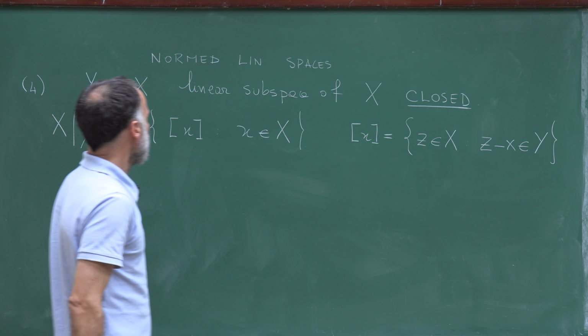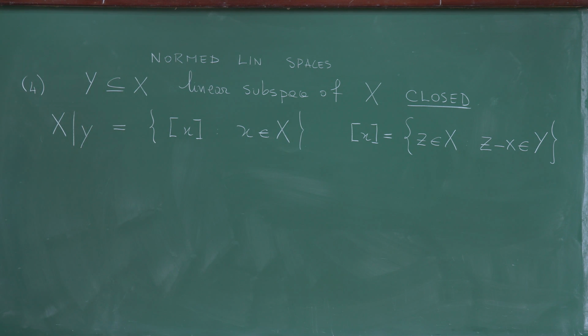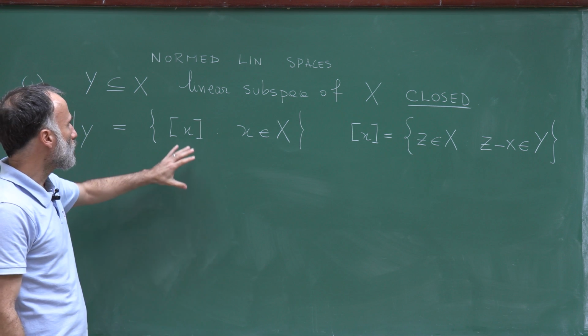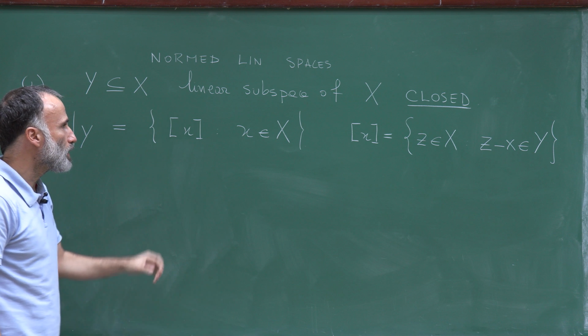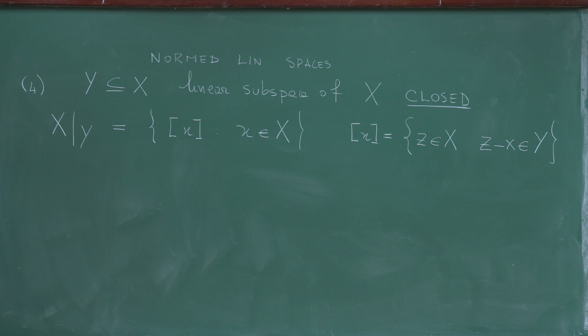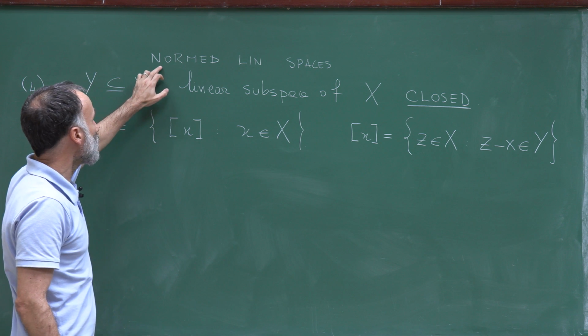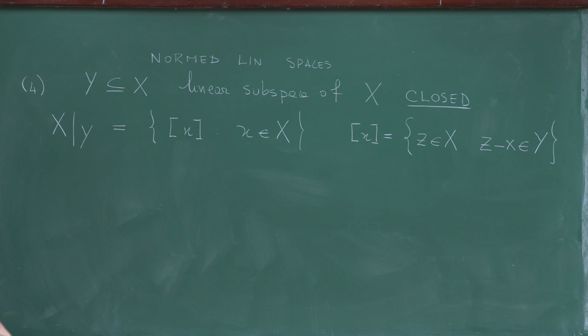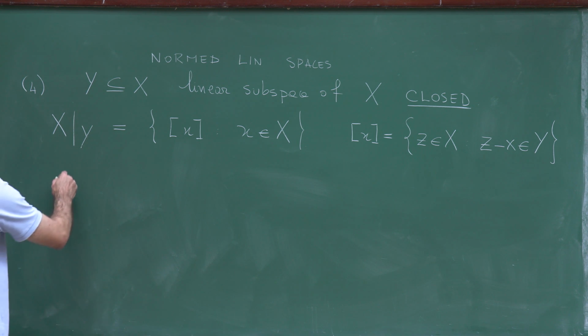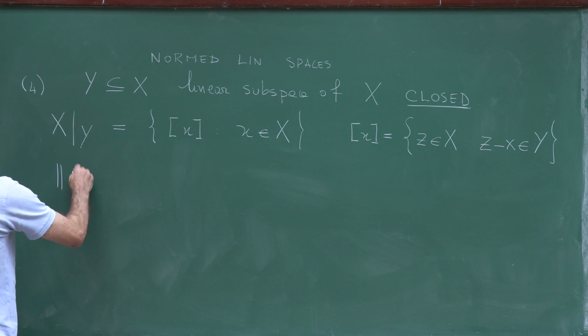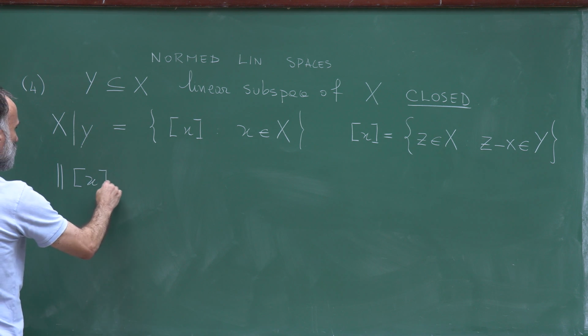Okay. So we have seen that this space is a linear space, and we have seen how to define addition and multiplication by scalars. Now I'm assuming that in this space X I have a norm, and what I want to do is to define a norm in this space. So I want to define the norm of this equivalence class.